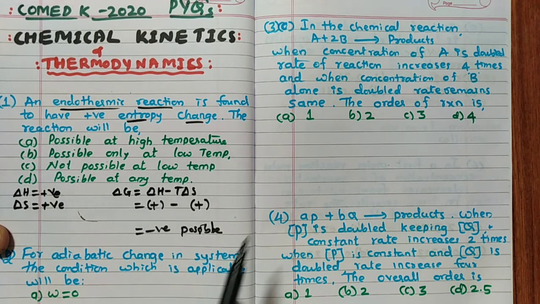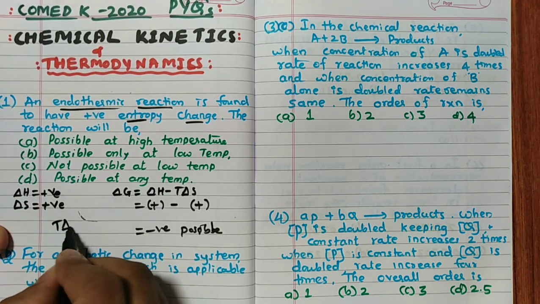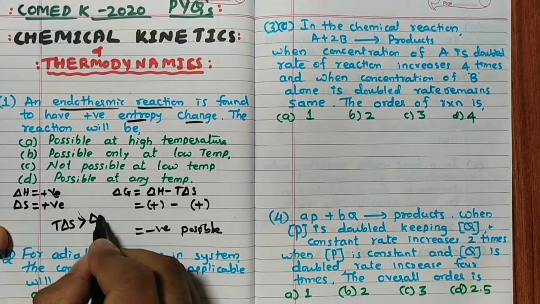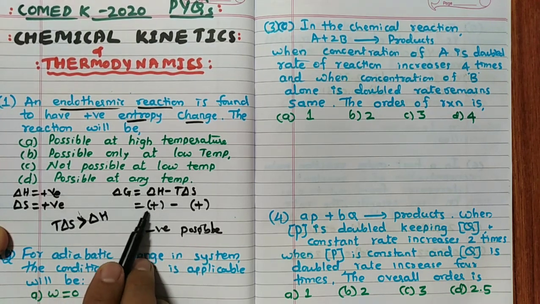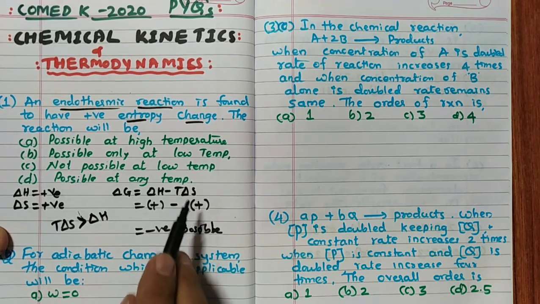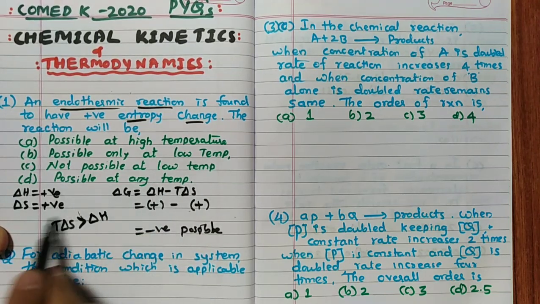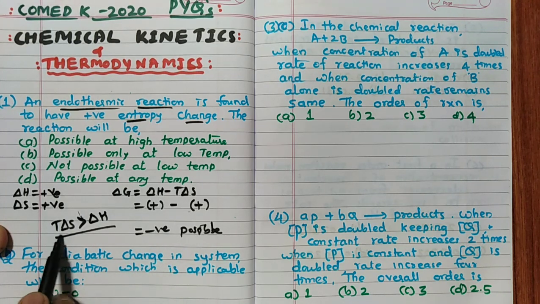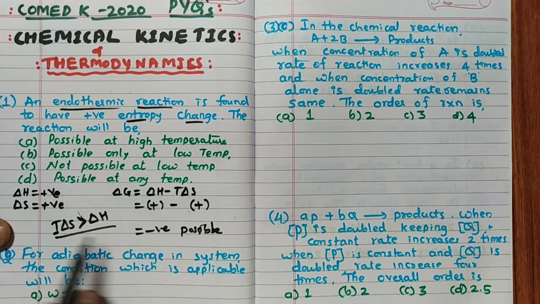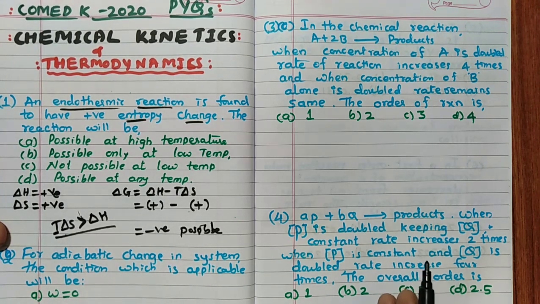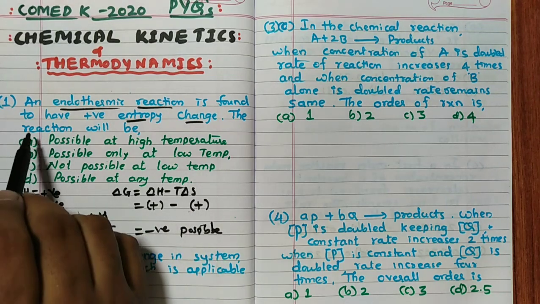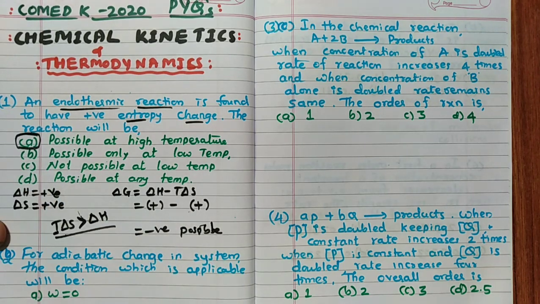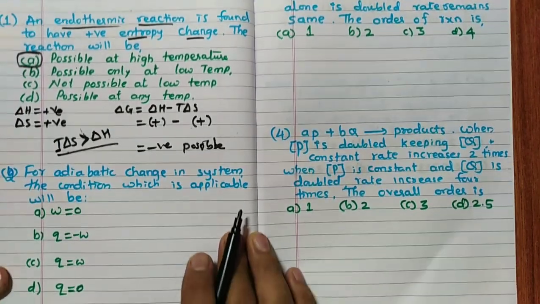So the condition is that T delta S should be more than delta H, and only then does it become negative. For T delta S to be larger, the temperature should be higher. Hence it is possible at high temperature, so the first question's answer is A. Remember that.